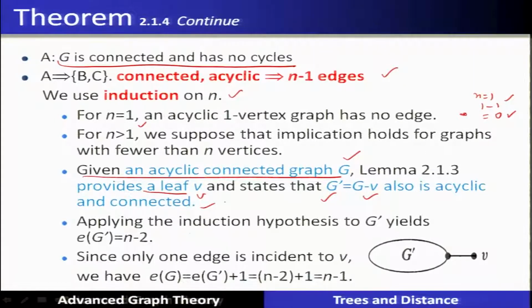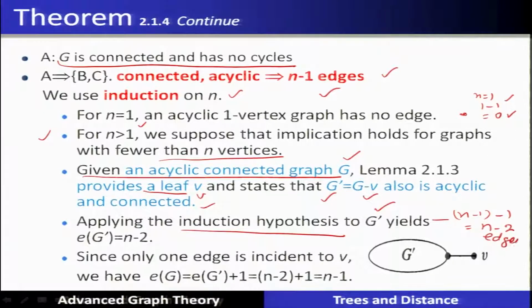Now, by applying the induction hypothesis, which assumes this condition holds for fewer than n vertices, G prime has n minus 1 minus 1, that is n minus 2 edges. That is what we have written here.